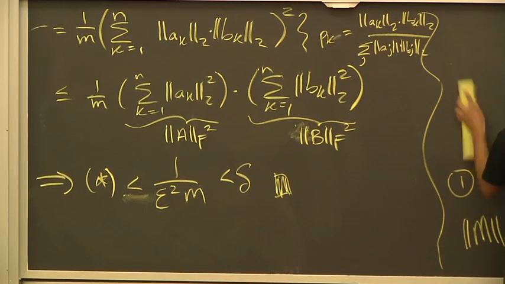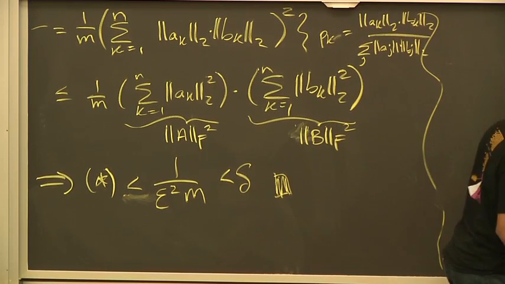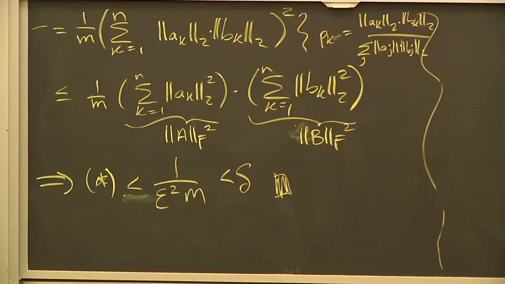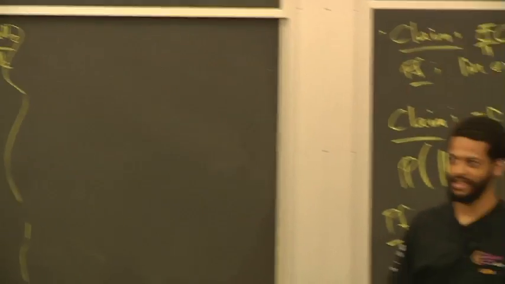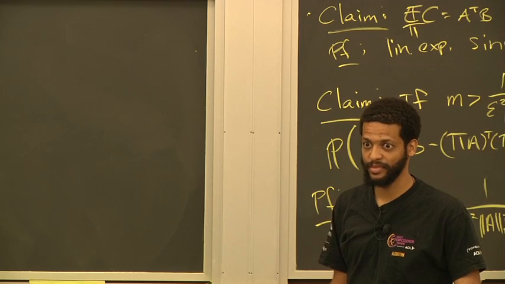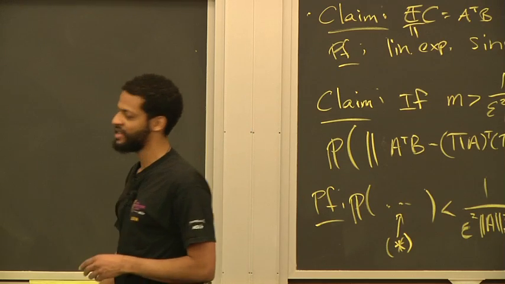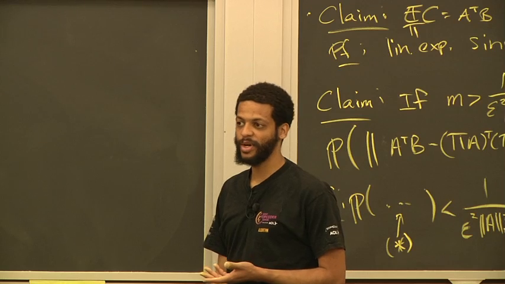Now, one thing might strike you here, coming from streaming land and dimensionality reduction: this unfortunate dependence on delta. Usually we like to get log 1 over delta. I want to succeed with probability 0.999999, and I don't want my running time to scale by a million. So, question: how can we modify this so that we get a log 1 over delta instead of 1 over delta?